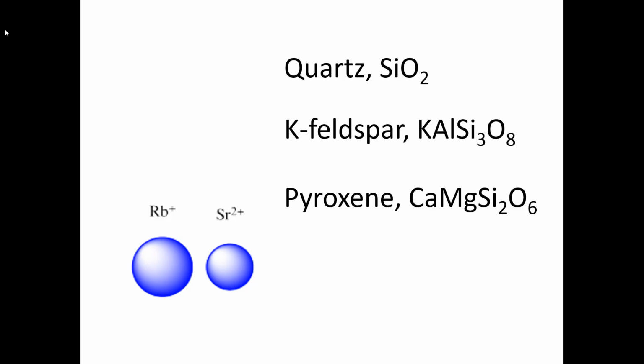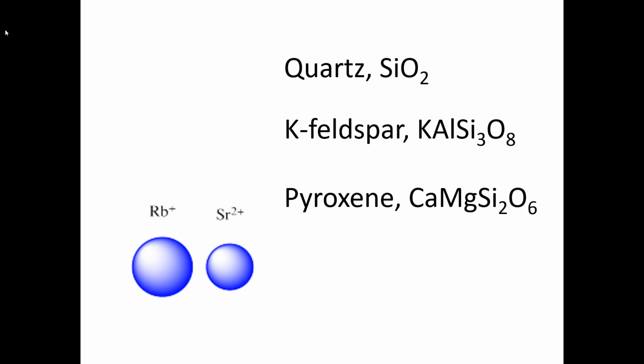So what we have to consider is chemically how easy is it for the ions rubidium and strontium to be incorporated into these 3 minerals? Well, remember, the minerals have sites where the different ions go, and those sites have very strong preferences for the type of ions they want to see.